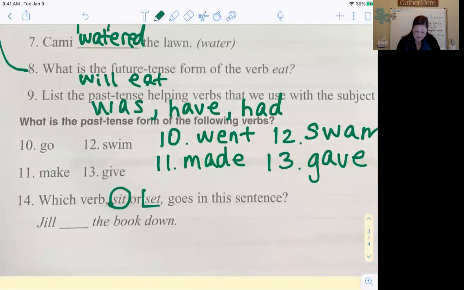Set means you are taking an item and placing it somewhere with your hands. So does the book need to rest or does the book need to be placed? Rest or placed? It needs to be placed. So we're going to put set as the correct choice there.